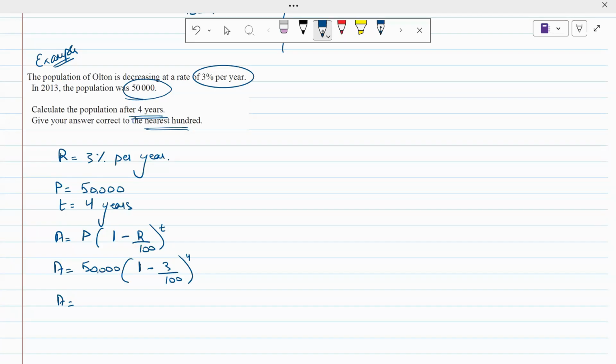We're getting the answer as 44,264.64. Since the question says nearest 100, we have to round it off to the nearest 100. So that would give us the value as A is equal to 44300. That is correct to nearest 100.